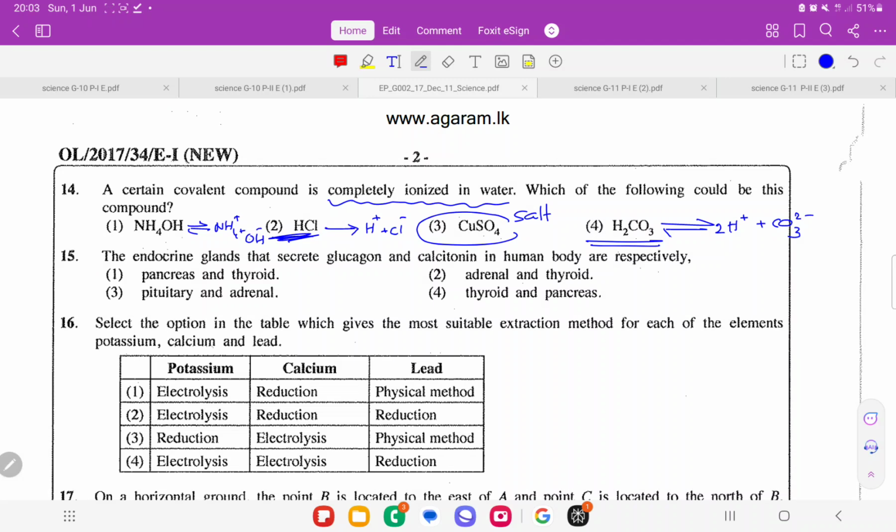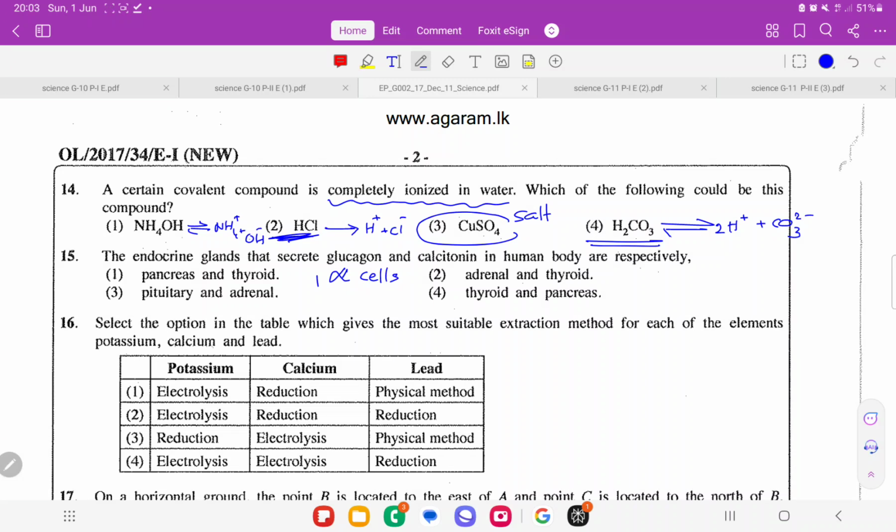15th, the endocrine glands that secrete glucagon and calcitonin in the human body are respectively. So glucagon and calcitonin. Glucagon is produced by the pancreas, right? Alpha cells from the pancreas produce glucagon.